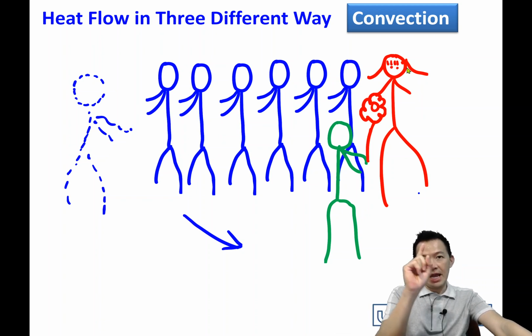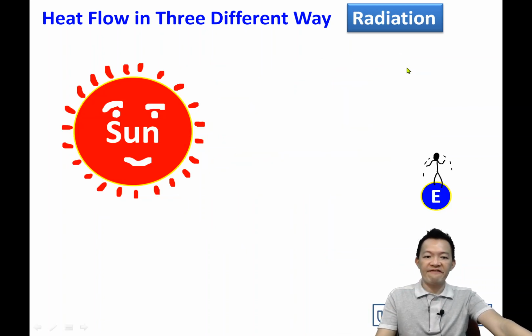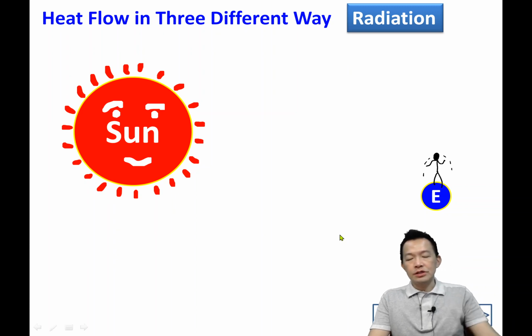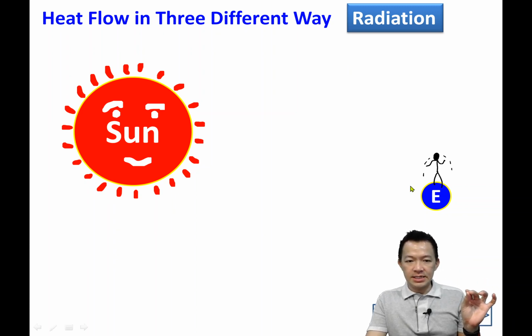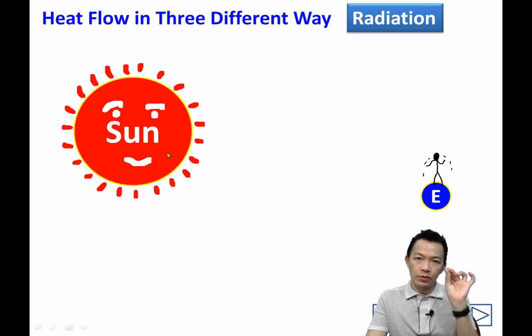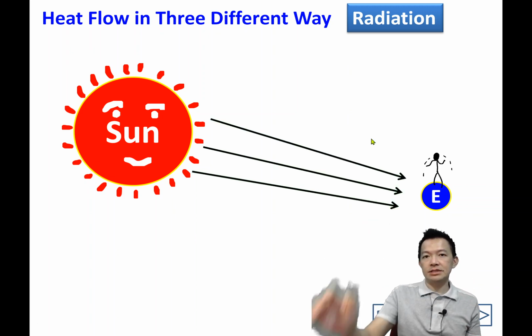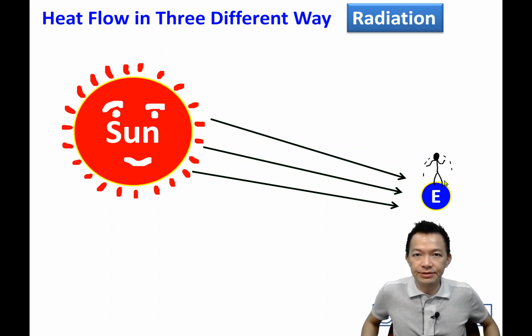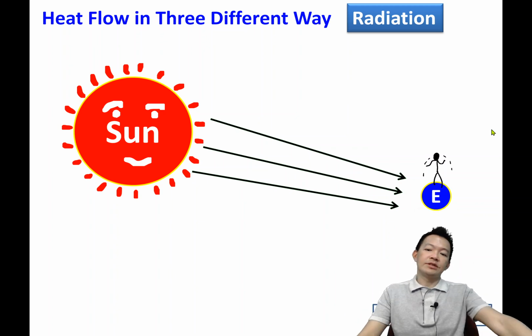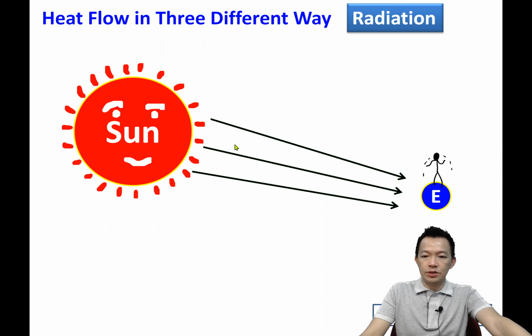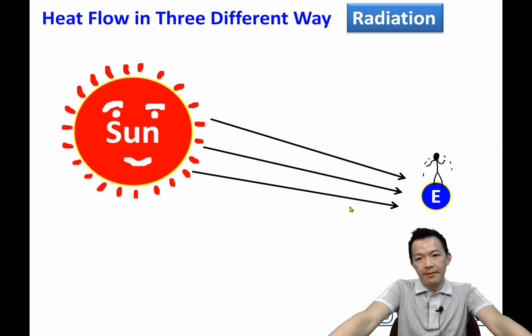And now we're still having another last method，最后一个方法。So for example, every day, this is the Earth and this is the Sun. Every day we receive the heat energy from the Sun. When the sun rises，太阳升起来，我们就拿到了它的热能。So how is the heat energy transferred to the Earth? 太阳的热能怎样传给地球的呢？Any method?